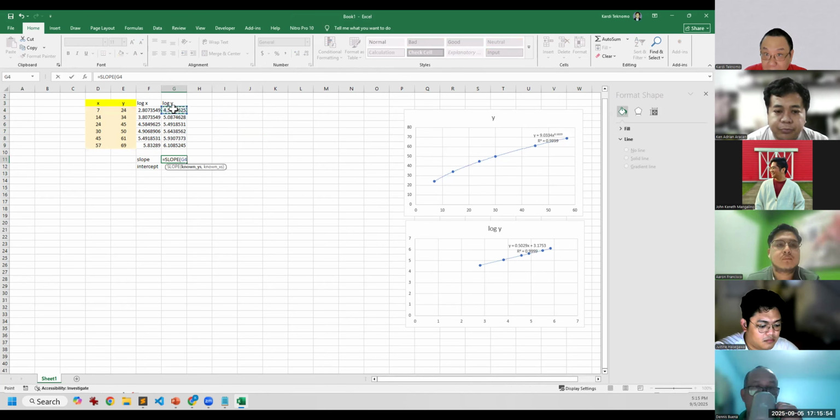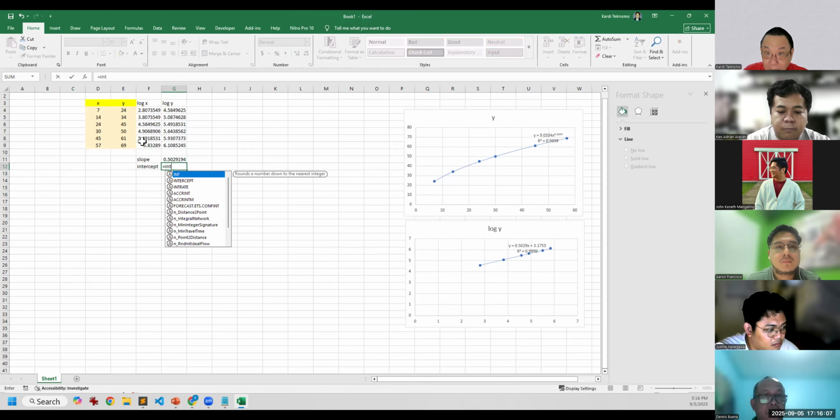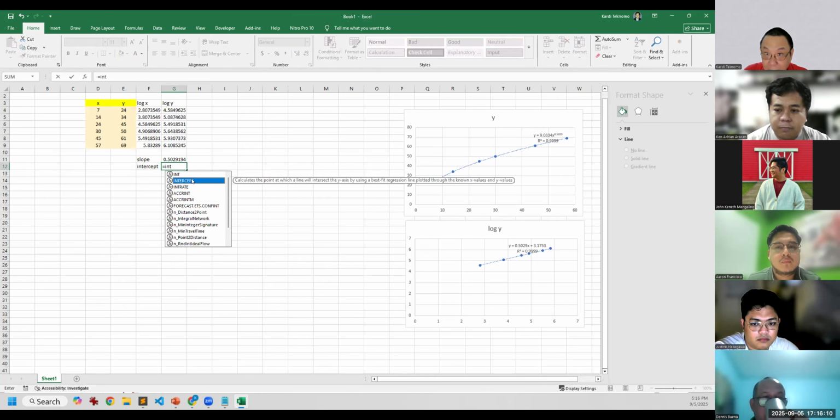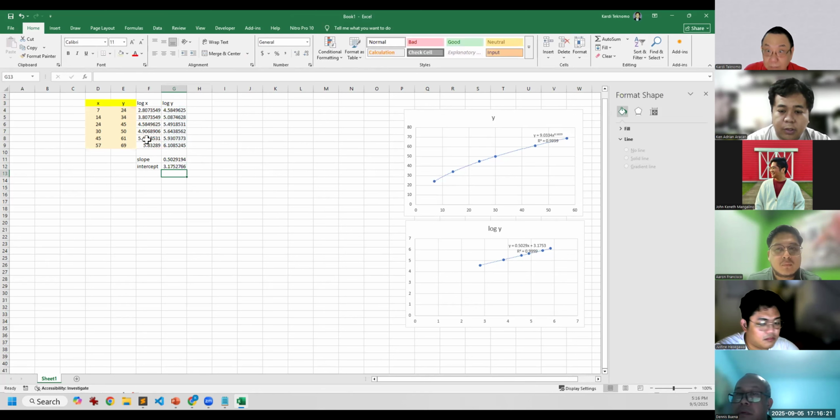Same thing with intercept: you use intercept, with known y and then known x.